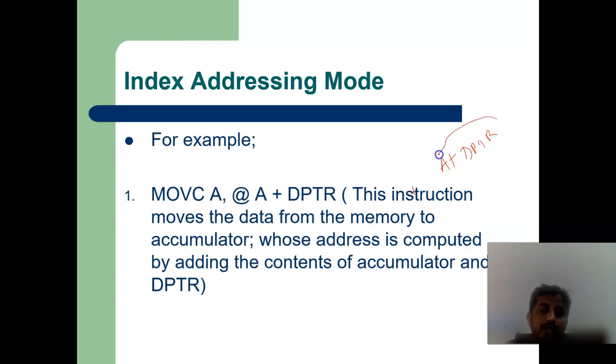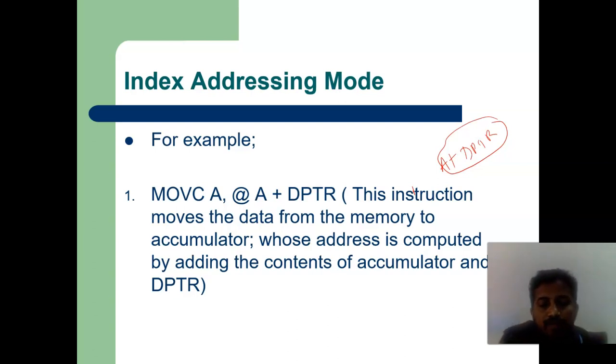The resultant forms the external memory address. It will go to that external address, take 8 bits of data from there, and store it into the A register. So this is the index addressing mode.